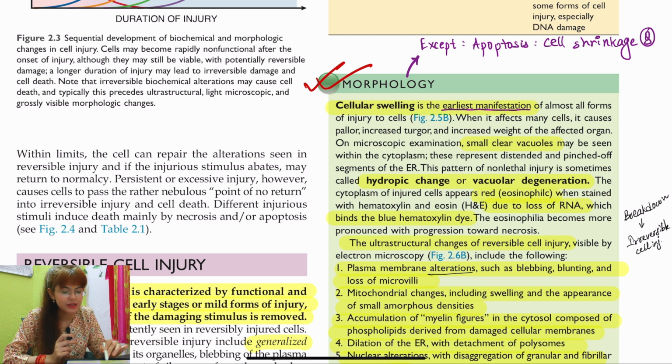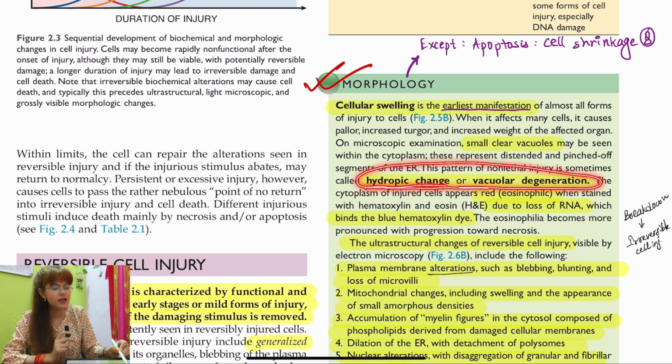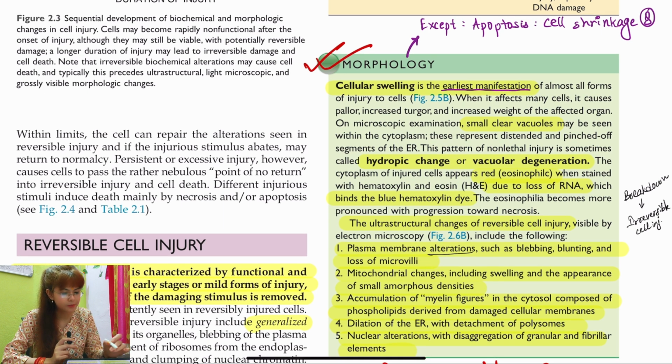So, I will repeat it. Cellular swelling is the earliest manifestation of any kind of cell injury, except apoptosis, where cell shrinkage is the earliest manifestation. What happens here is that because there is cellular swelling, there is appearance of small clear vacuoles in the cytoplasm, and this kind of non-lethal injury is known as hydropic change or vacuolar degeneration, because there is formation of small vacuoles due to the increase in cellular swelling.